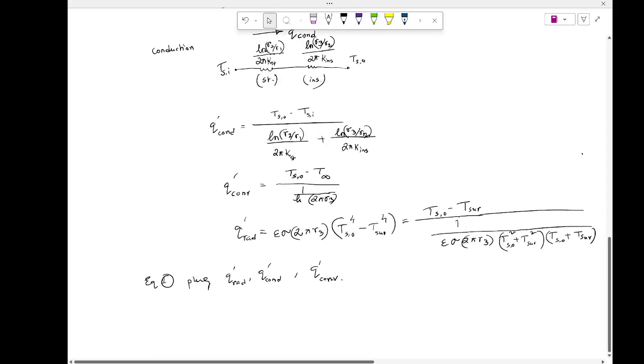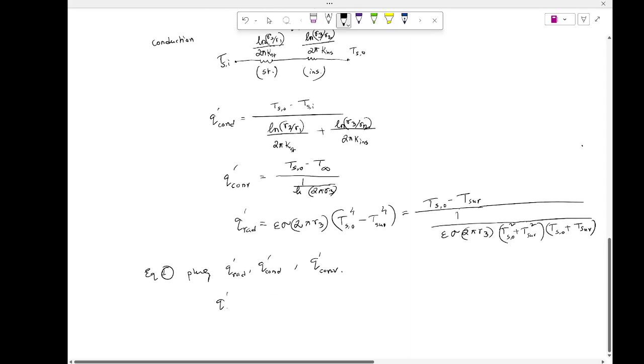Okay, so then we're gonna have Q conduction. Everybody can write this equation now. All you gotta do is just solve it now. Q convection plus Q radiation, and then you're gonna start to write all those things that you did before.